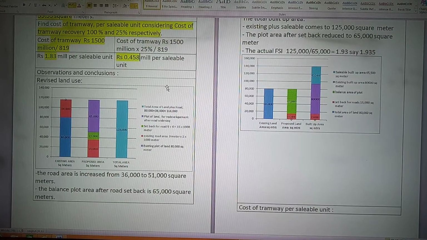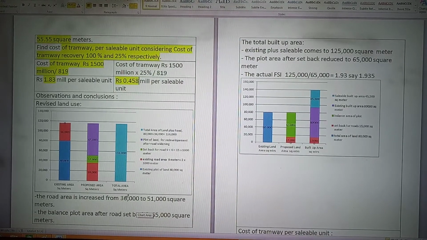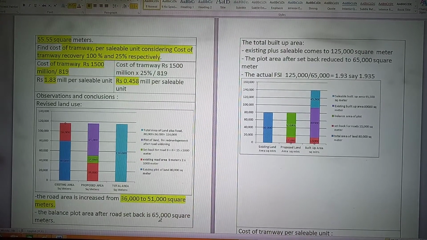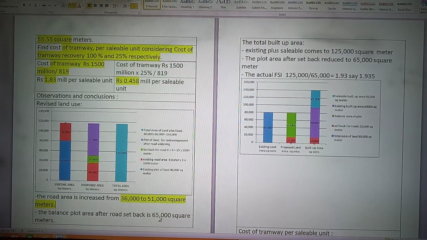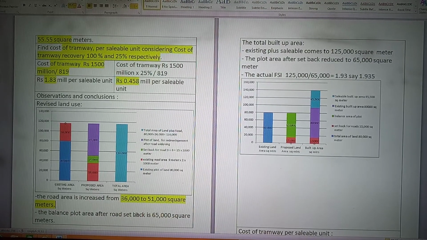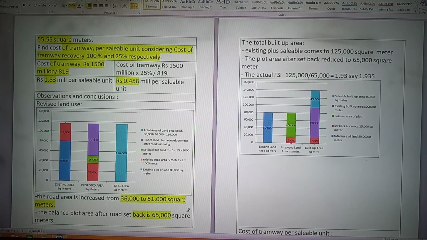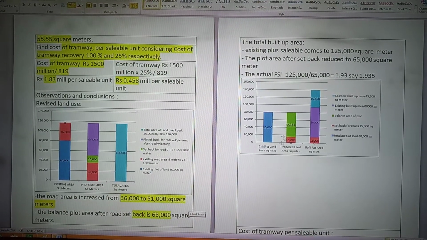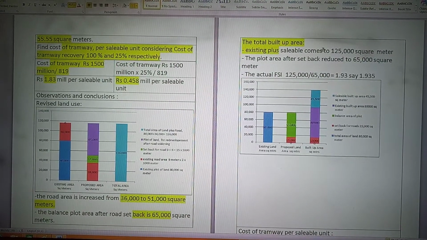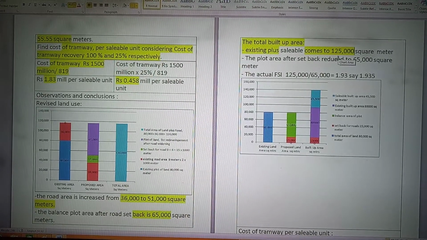Now, what are our observations? We increased the road area from 36,000 to 51,000. The balance plot area was reduced from 80,000 to 65,000. The total built up area is about 125,000 square meters.